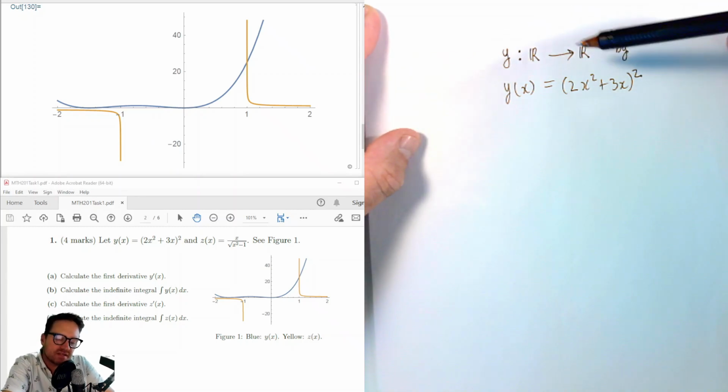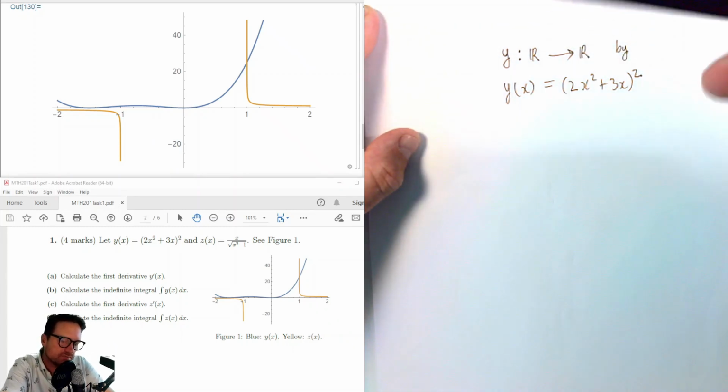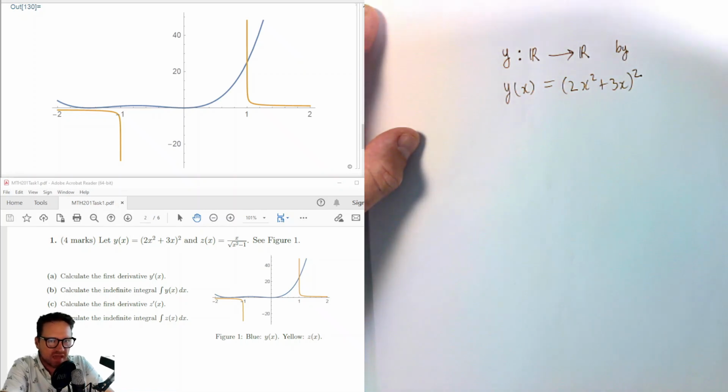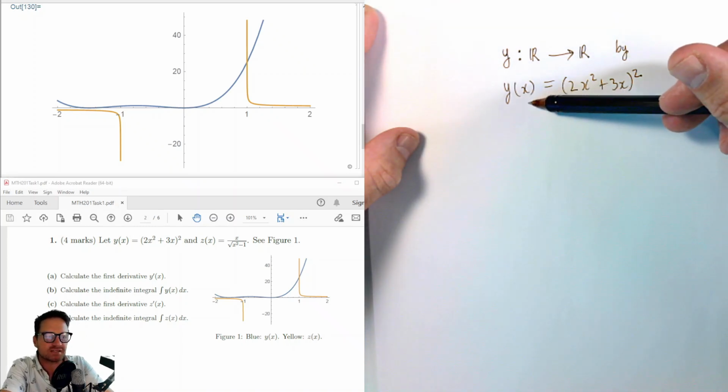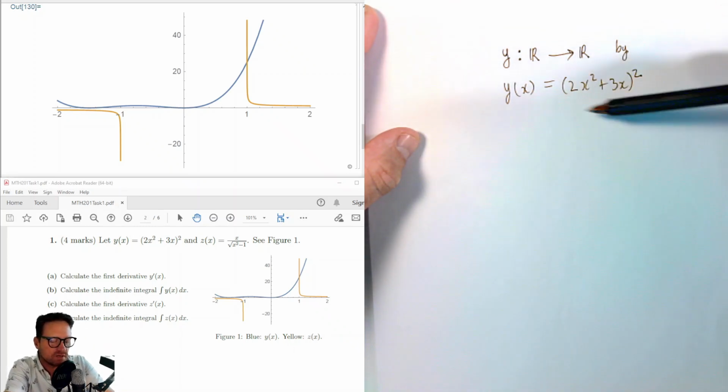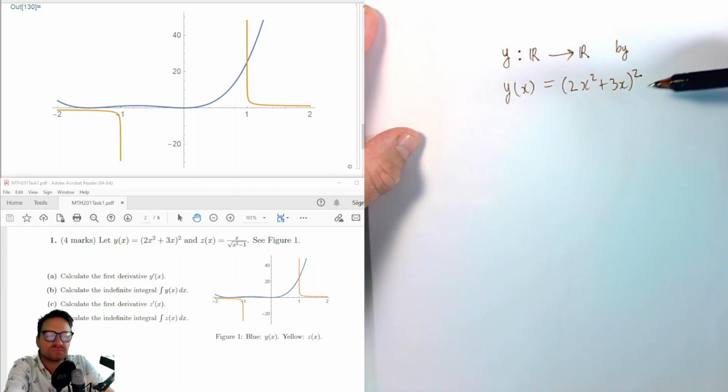So this part of it is not in the question. Looking at that question 1, we see a function y of x. It takes in input values x and it returns this, also a real number.